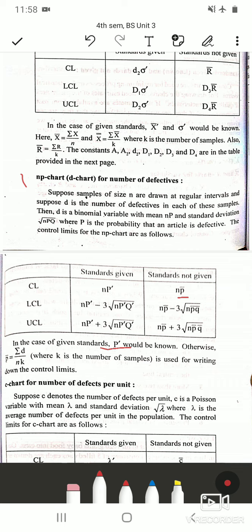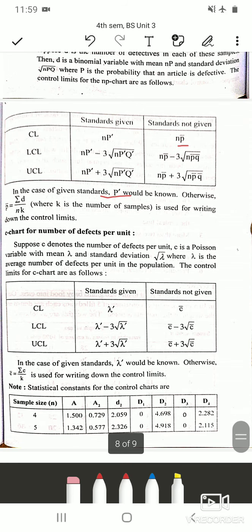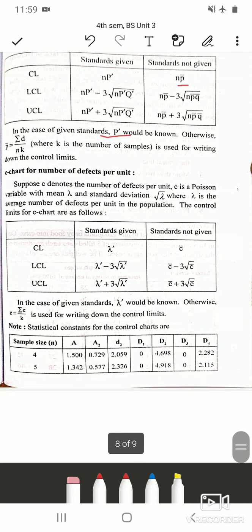If not, when standards are not given, what you have to do is take summation d first. The d values will be known, add all those to get summation d, and divide it by n into k. What is n? It is the size of the sample, and k is the number of such samples. This will be clear when we solve problems. I'll explain what k, n and d are. All terms will be given in the problems.